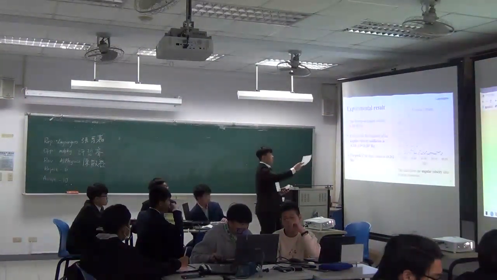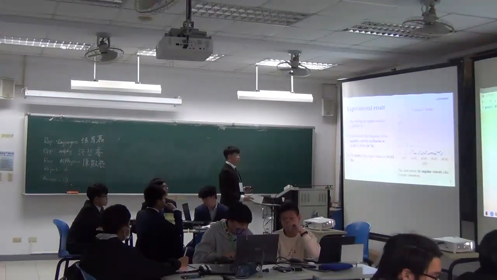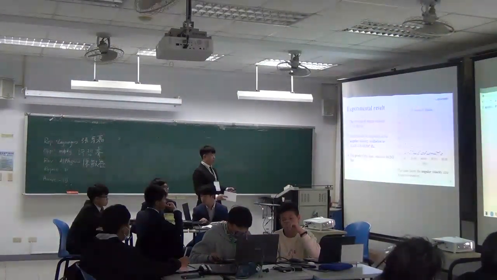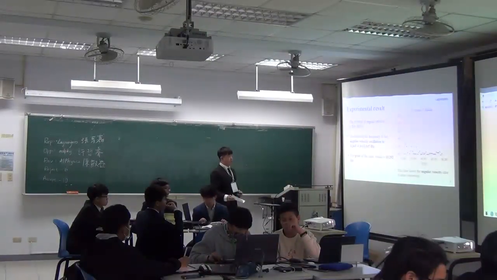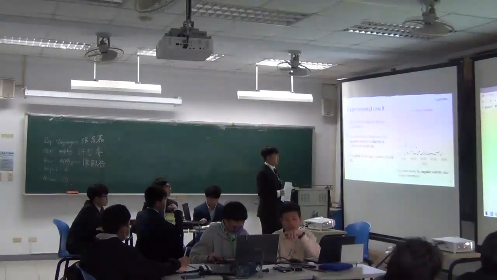And then theoretically, the frequency of the angular velocity oscillation is 3.369 times 3 equals 10.107.